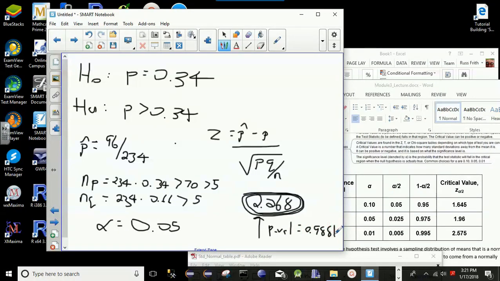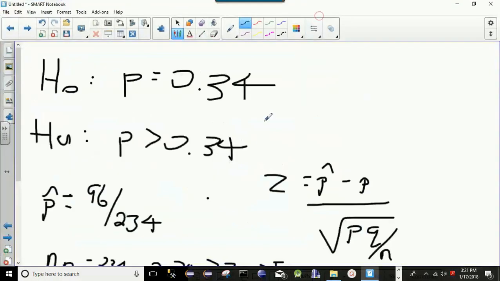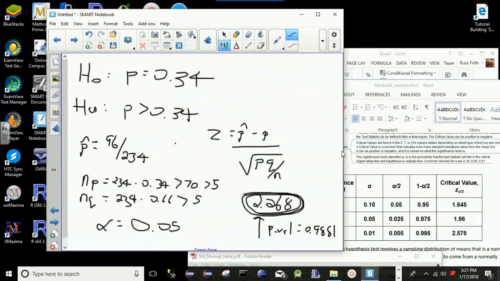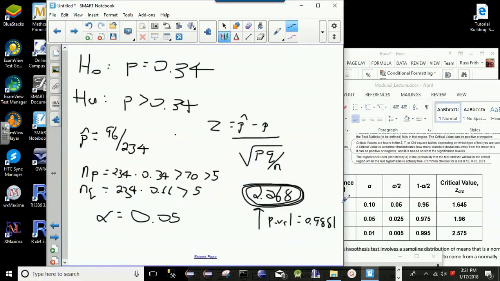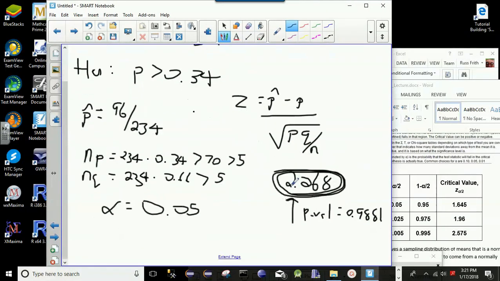Now, since we're dealing with a right-tailed test, remember what the p-value is. The p-value is the area to the left or right of the test statistic, depending on the test.